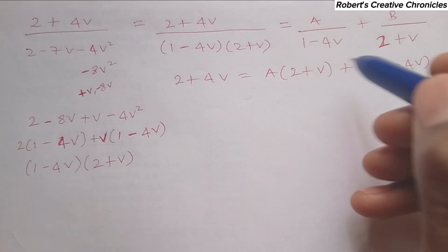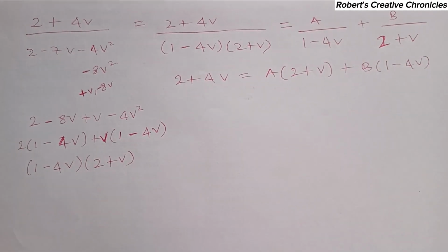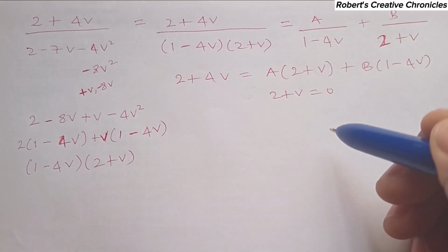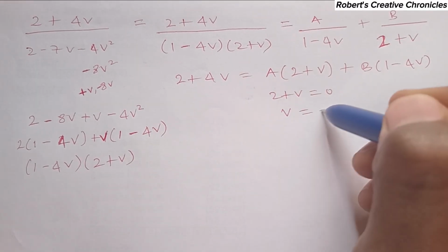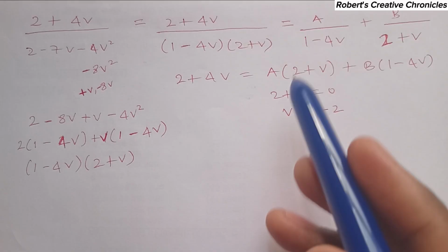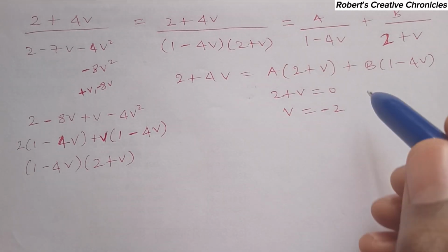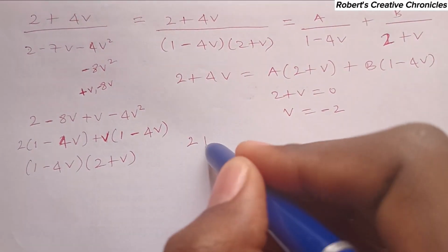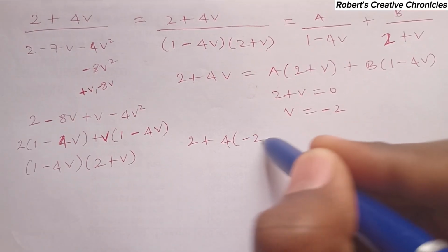Then we'll set 2 plus v equal to 0. When we set this equal to 0, v will be equal to negative 2. So we'll substitute negative 2 into this as v. So this one will cancel. We will find B here. So it will be 2 plus 4 times negative 2.